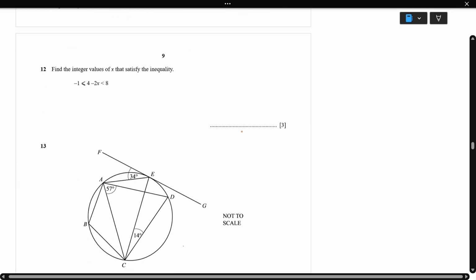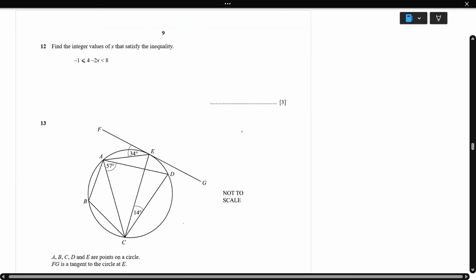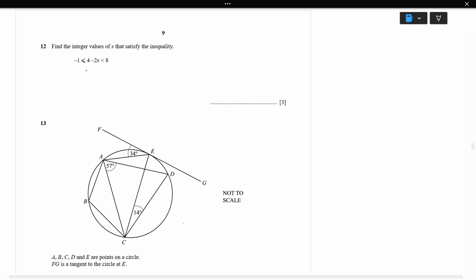The next question, question 12, find the integer values of x that satisfy the inequality. Here we need to make x the subject. First I'll remove 4, so I'll subtract 4 from the entire inequality. So minus 5 is less than or equal to minus 2x, less than minus 4, which is 4 here. Next, I'll divide the entire thing by negative 2.